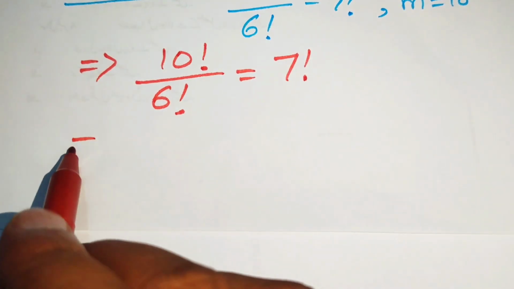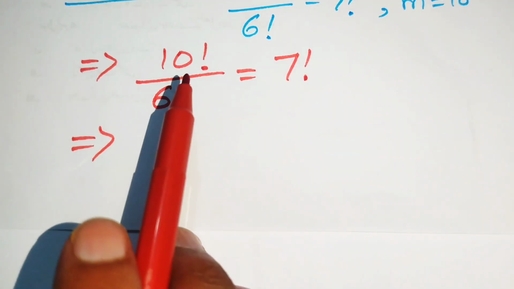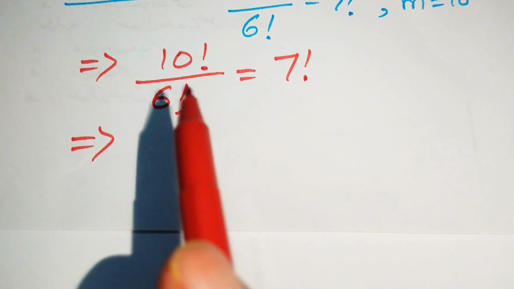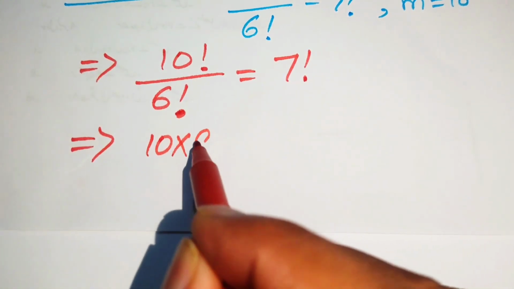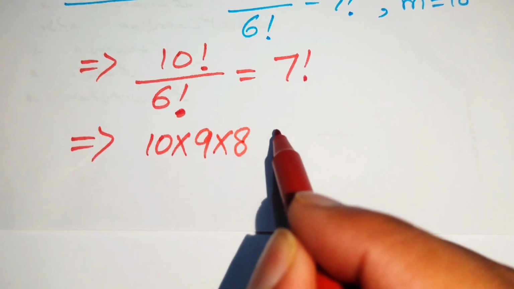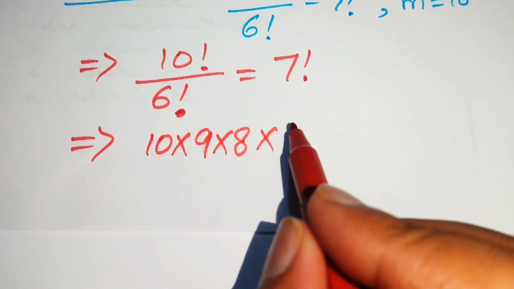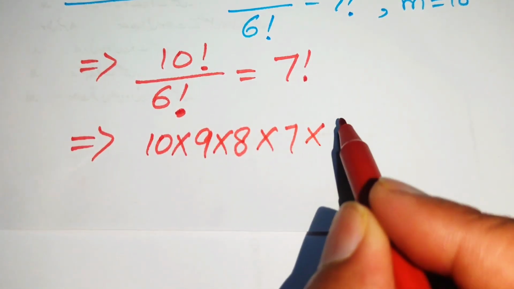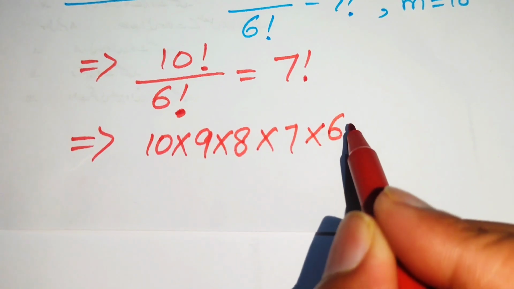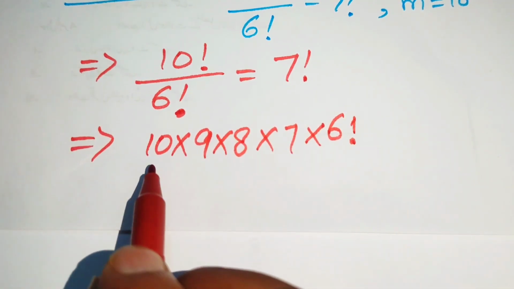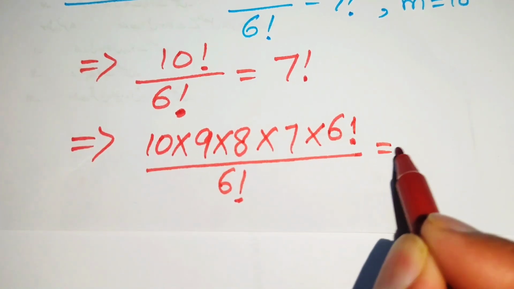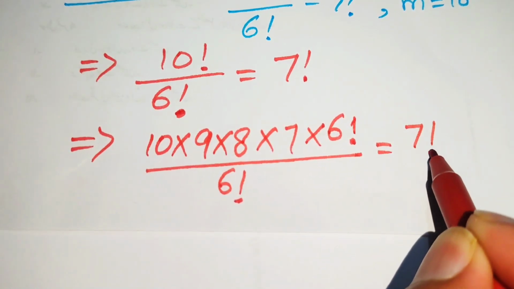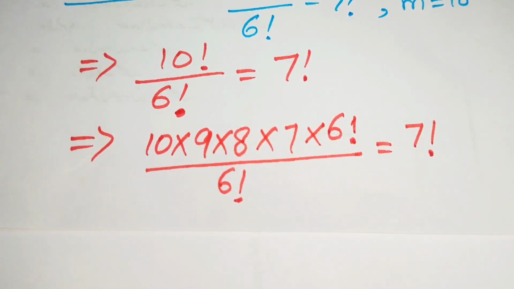And here we just open our 10 factorial up to the 6 term, and it will be written as 10 times 9 times 8 times 7 times 6, and we just break at 6, and we write it as 6 factorial divided by 6 factorial equals, this is our 7 factorial.